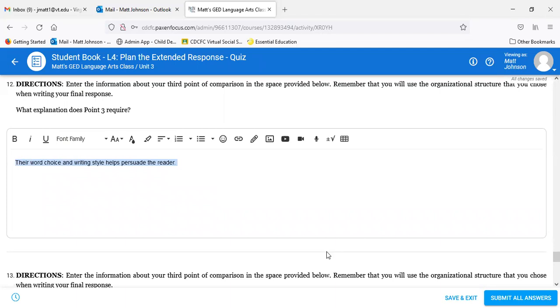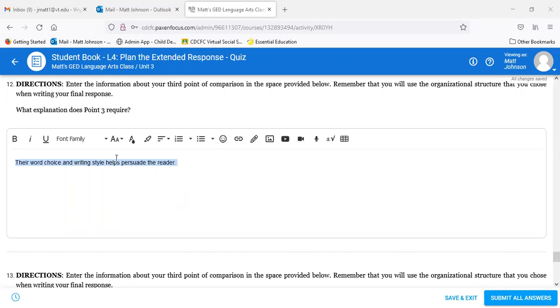You might start with something like, finally, each author takes on a different tone with particular word choice and style of writing to help persuade the reader. And that would be your introductory sentence.